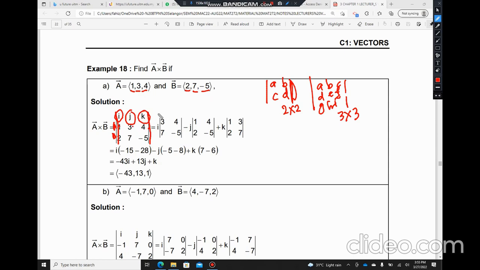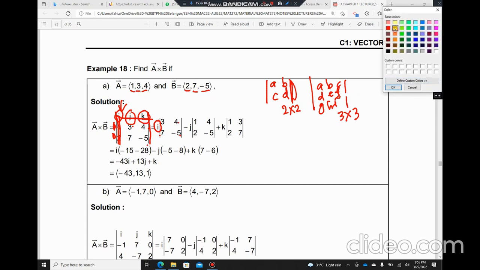Okay, and then first kita ambil dulu untuk I. Kita ambil untuk yang first column I, and then kat sini katakan saya cancel yang ni. Untuk I kita cancelkan first row and first column. So dia tinggal 3, 4, 7, negative 5. So you put here 3, 4, 7, negative 5. Okay, then another one. Kita yang kedua pula, saya tukar color.